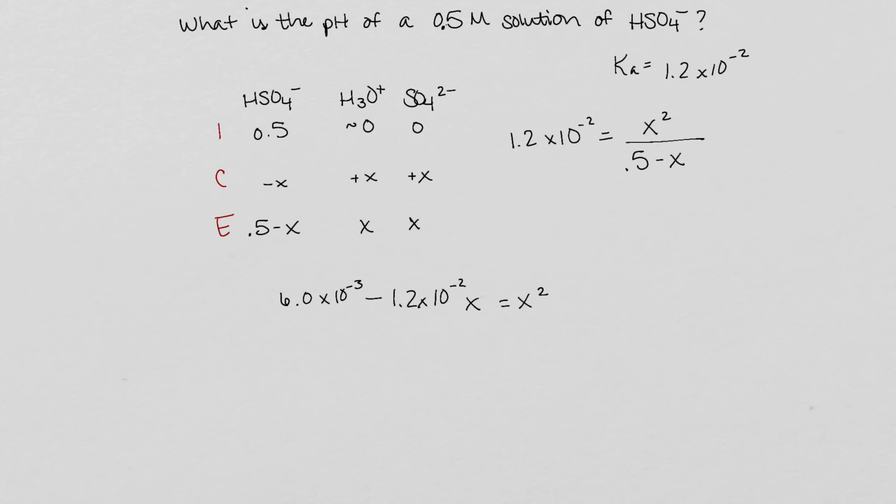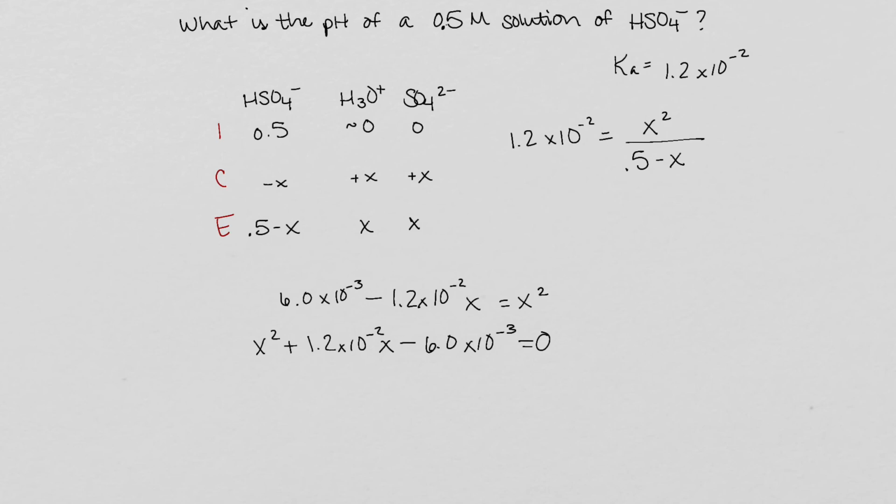Okay, so then we simply add this to both sides, subtract this from both sides. So now we have x squared plus 1.2 times 10 to the minus 2 x minus 6 times 10 to the minus 3rd equals 0.